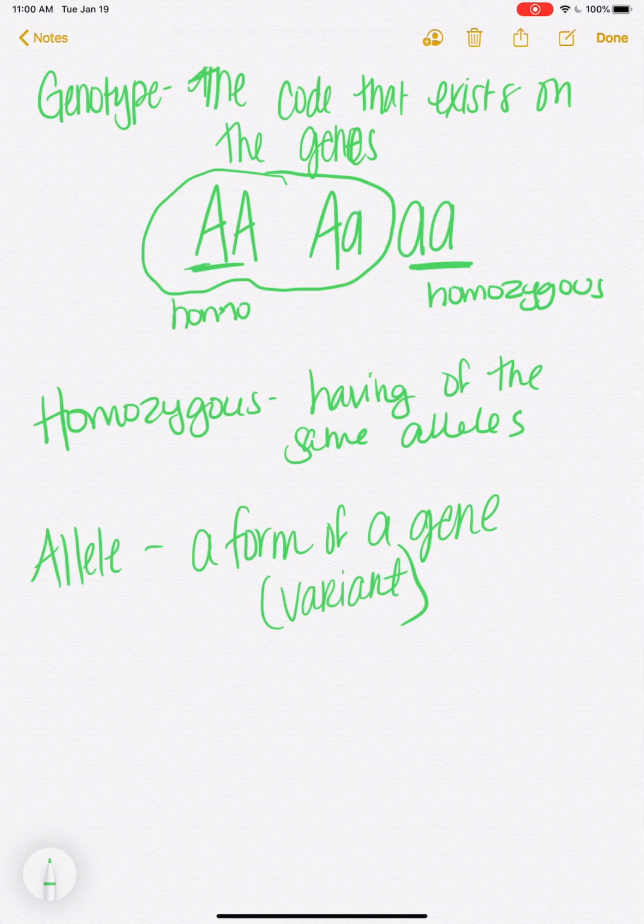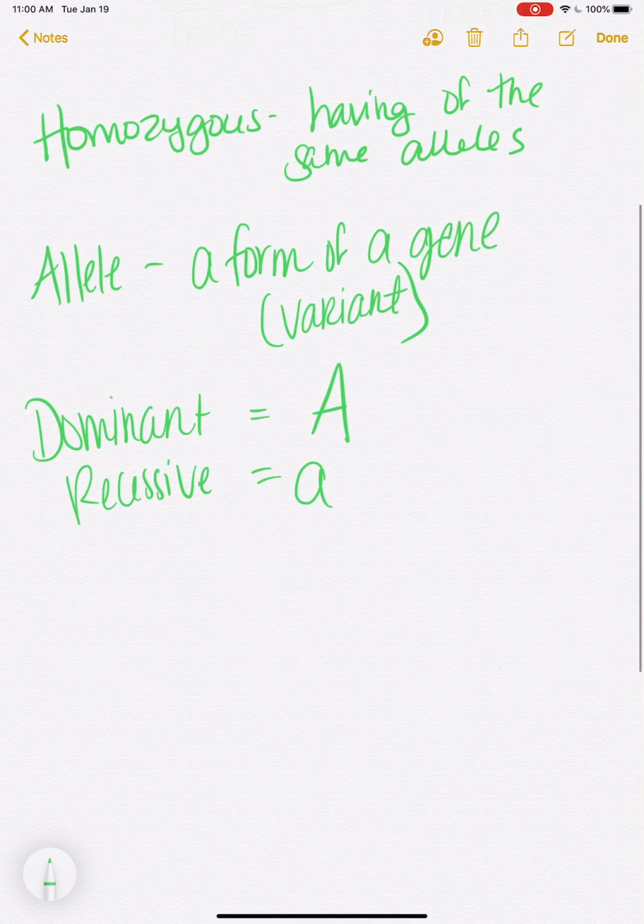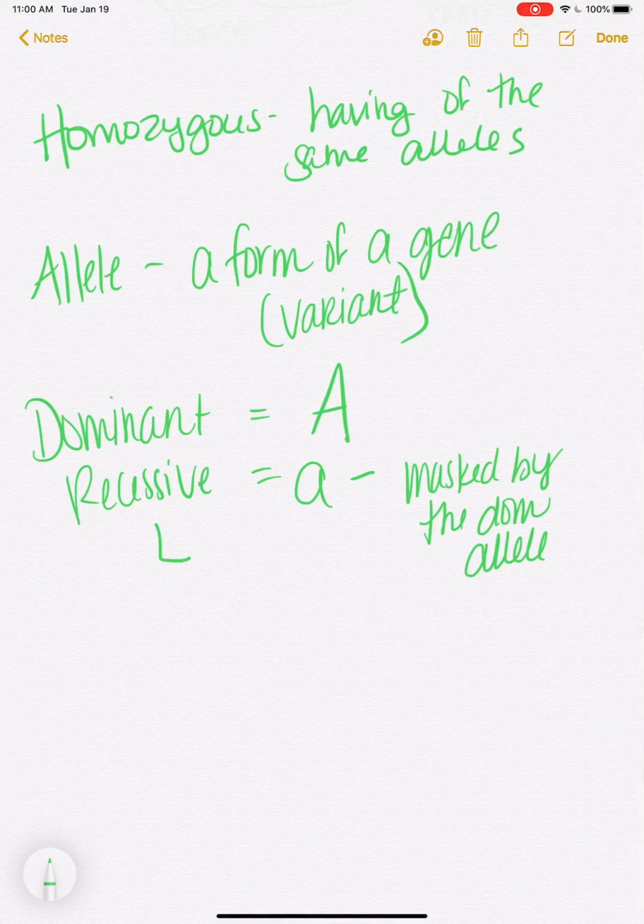A dominant allele is a big A. A recessive allele is a little a. A recessive allele is masked by the dominant allele, so in order to have a recessive trait, you have to be little a, little a.